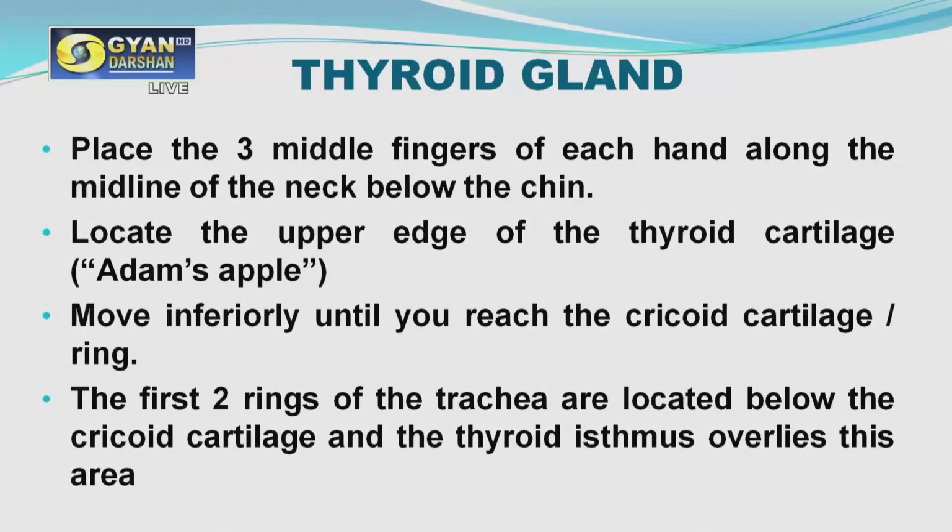You can also do palpation, in which you place the 3 middle fingers of each hand along the midline of the neck below the chin. You can place 3 fingers like this and locate the thyroid gland, so that you hold it with these 2 fingers, and you can move and keep them on the location where the lump is.